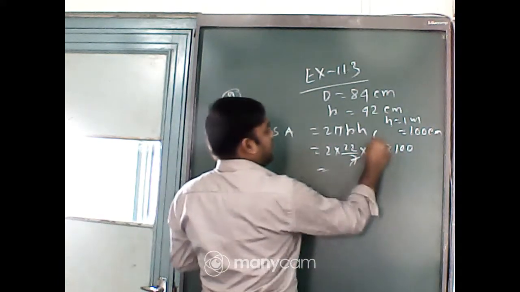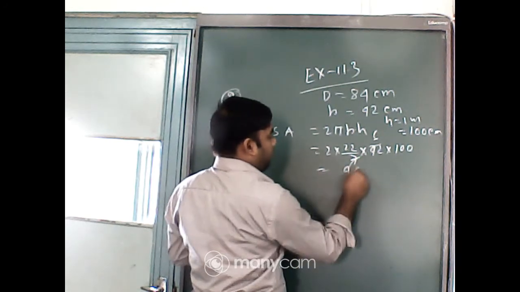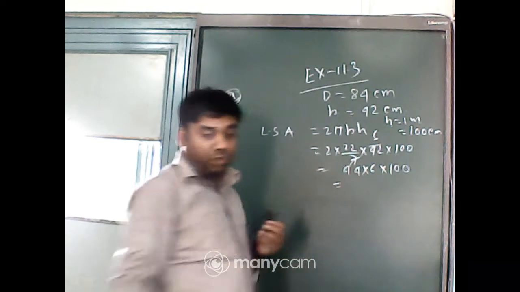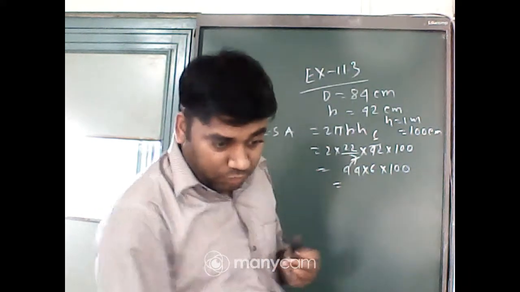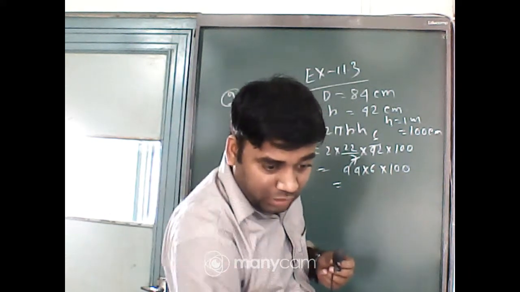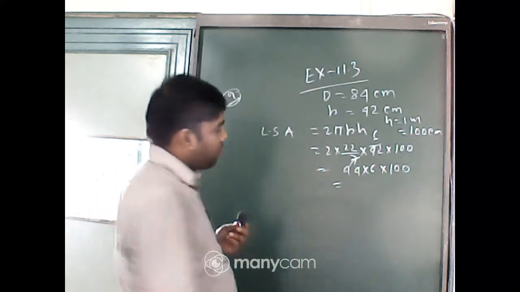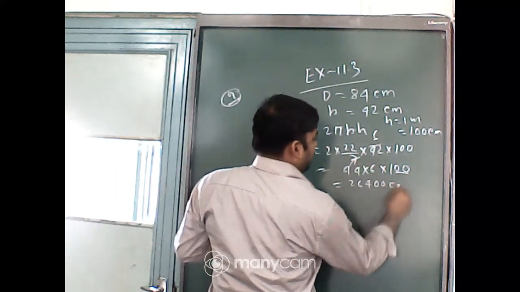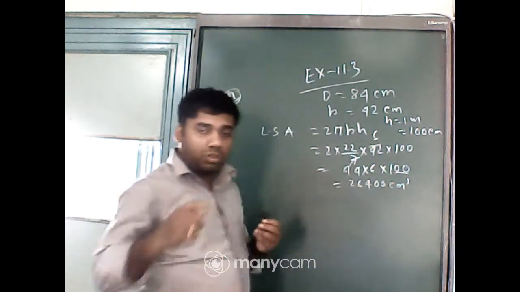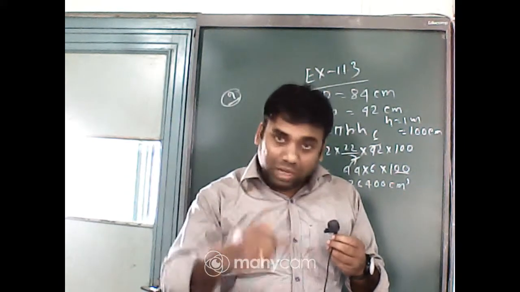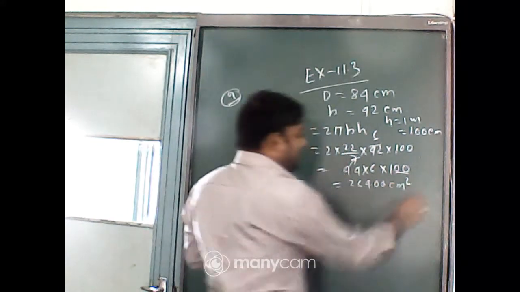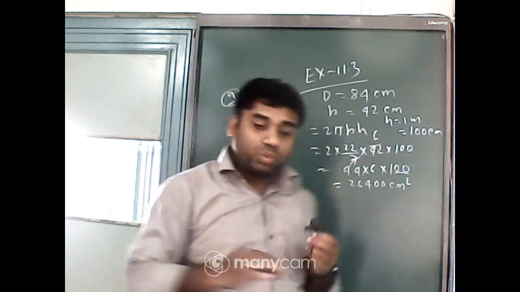So 7 sixes are 42, so it will be 44 into 6 into 100. 44 into 6, you will get 264 00 centimeter square. If the roller moves once, rotates once, that area should be leveled.